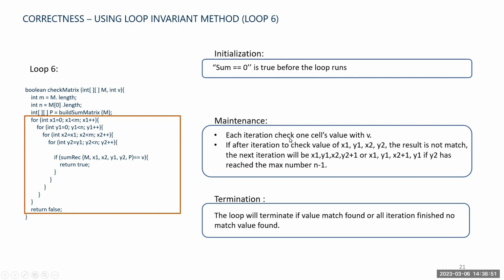Maintenance: each iteration checks one cell's value against V. If after the iteration checking the value of x1, y1, x2, y2 the result is not matched, the next iteration will be x1, y1, x2, y2 plus 1, or x1, y1, x2 plus 1, y1 if y2 has reached the max number n minus 1. Termination: the loop will terminate if a matching value is found, or all iterations are finished and no matching value is found.